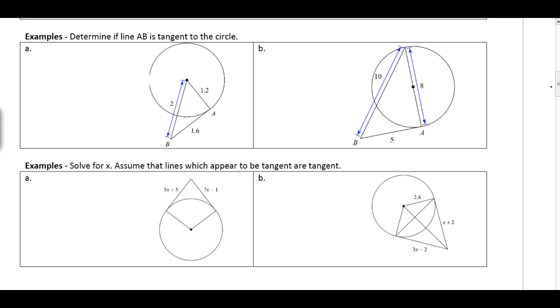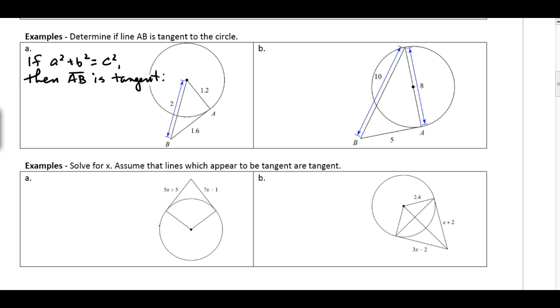So for the first example, we want to determine if line AB is tangent to the circle. So if AB is tangent to the circle, then we would know that this would be a right angle, which means that this triangle would be a right triangle. So if A squared plus B squared is equal to C squared, then AB is tangent.